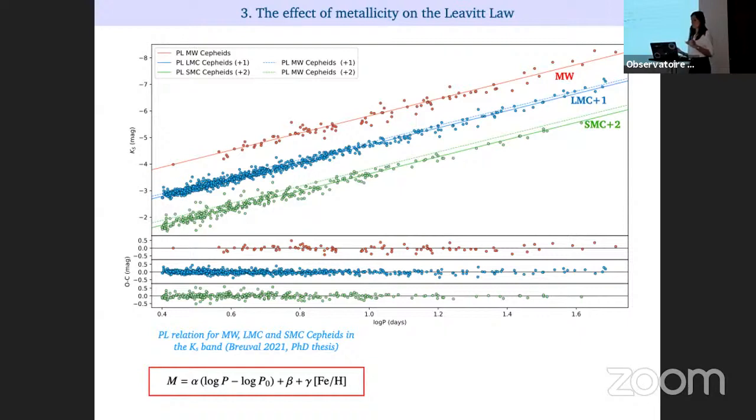And this you cannot see because you cannot disentangle between the vertical and horizontal movement of the PL relation. You are just comparing these calibrations, but not Cepheid to Cepheid. So this is one idea, but of course, it's difficult to evaluate these movements. So is this basically a different mass-luminosity relation for different metallicities?